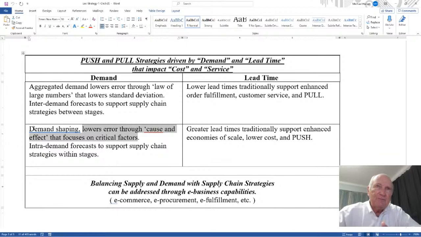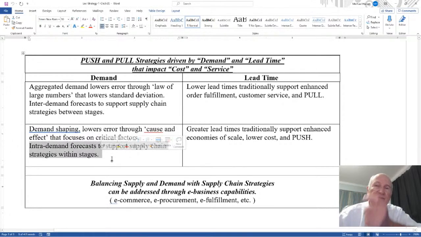Well, you can lower your error through demand shaping to make sure if it's going to be higher, you can shape your demand, depending on how you design your pricing strategy, your supply chain strategy and availability. So this is intra-stage forecast to support supply chain within stages. So this is demand shaping.